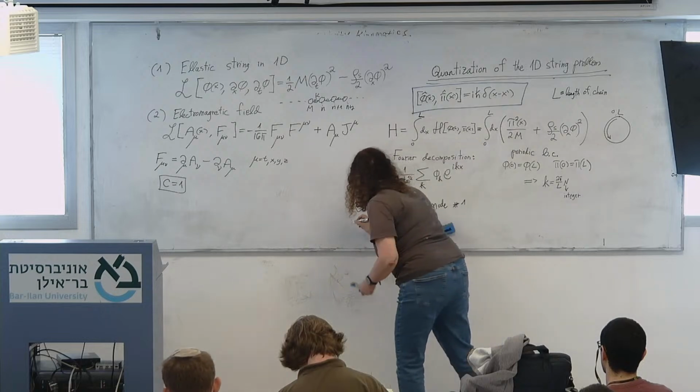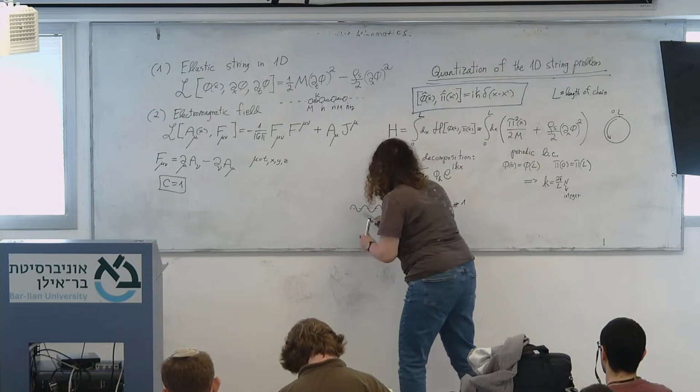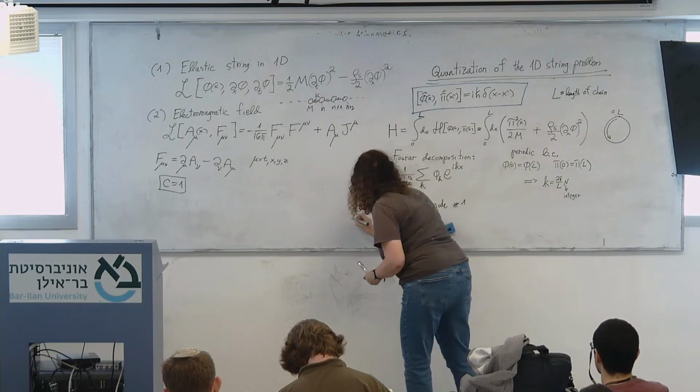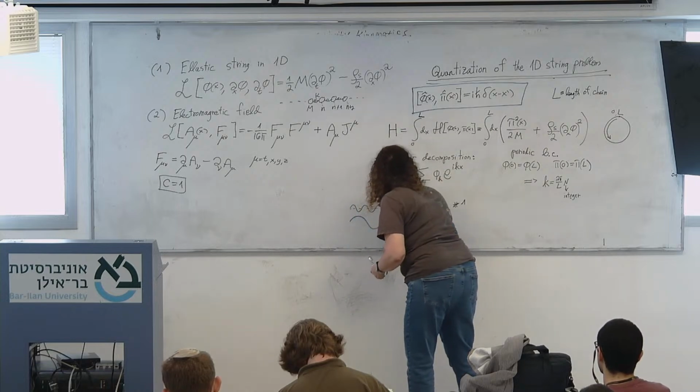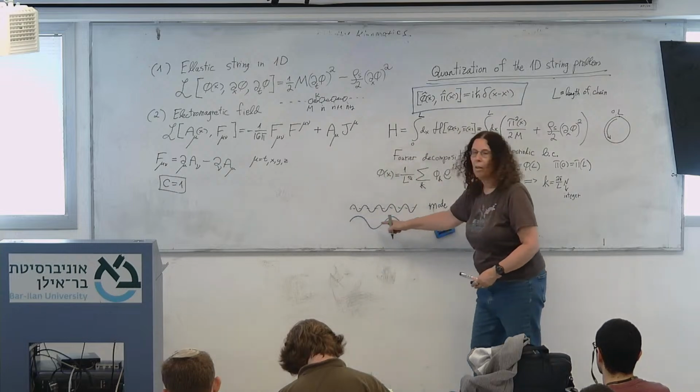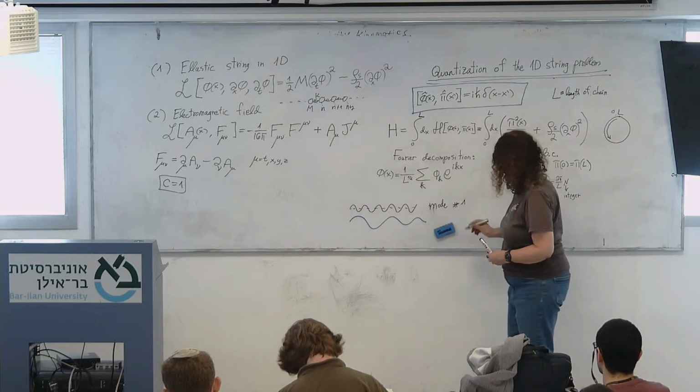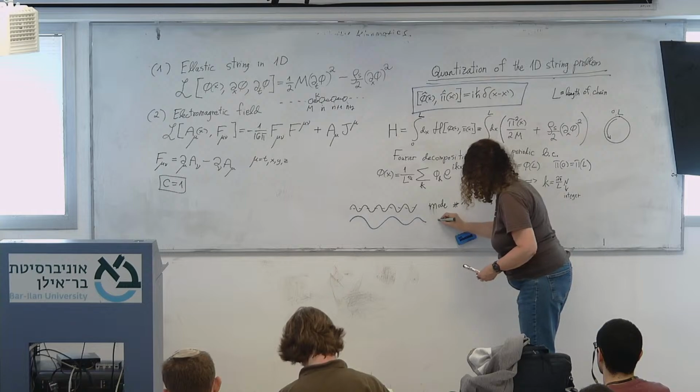And mode number 2 of the same string will be something like this. So it has a much bigger wavelength. It's a different mode.